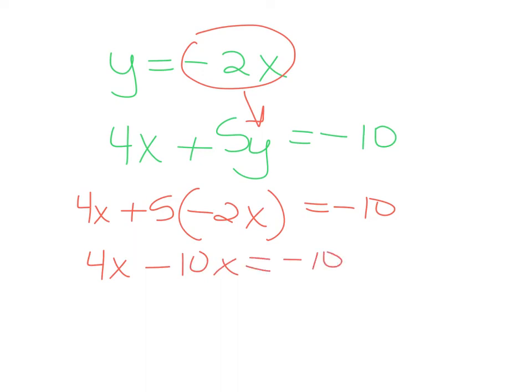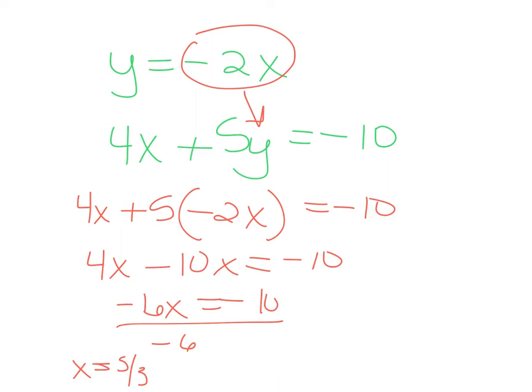Then I get negative 10, no, I messed something up here. No, I didn't. So I get negative 6x equals negative 10. If I divide both sides by negative 6, my x is 5/3. Yeah, I have a fraction, but I can handle this. In fact, I'm going to take my x and plug it back in that top equation to find out what my y would be.